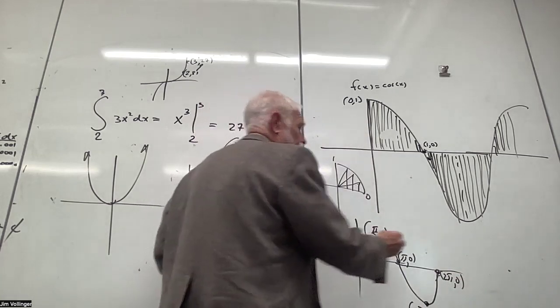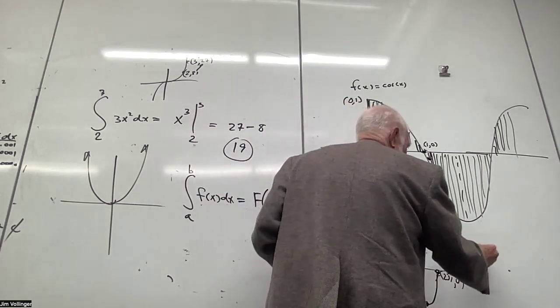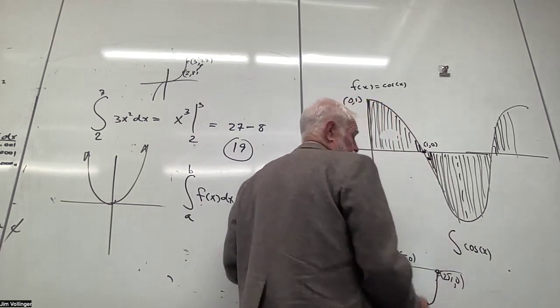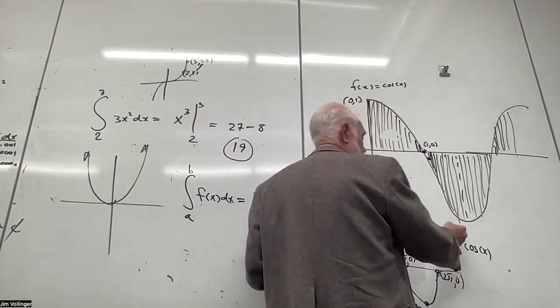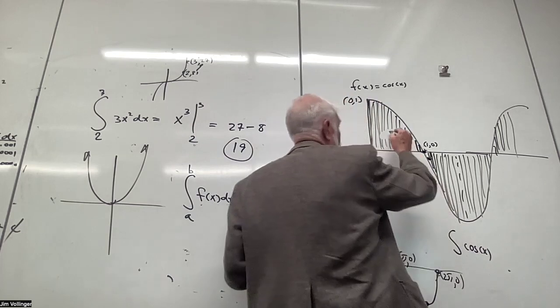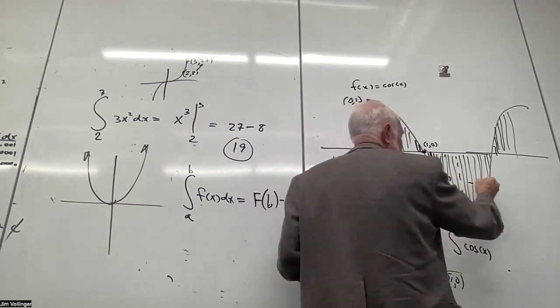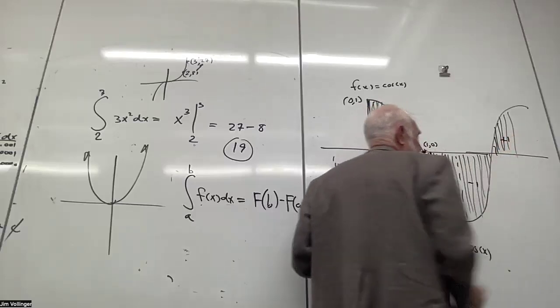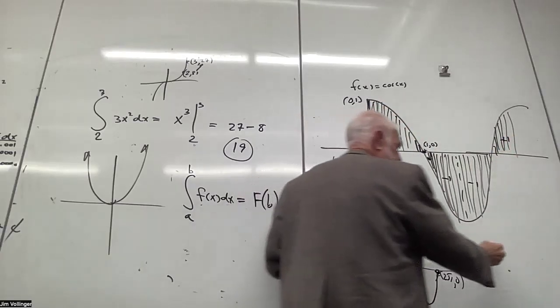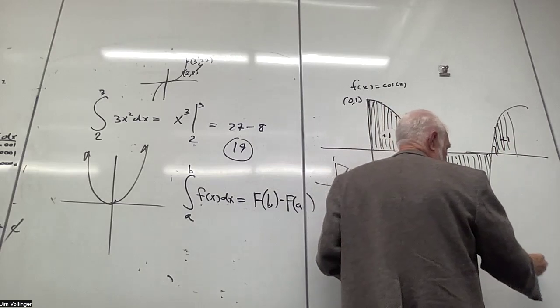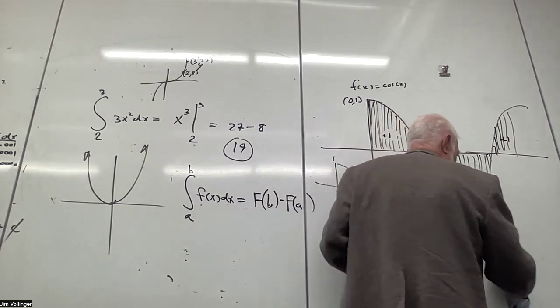So the area accumulation under the cosine curve, starting at 0 and going to 2 pi, this is 1 positive unit, this is -1, this is another -1, this is +1, and I end up back to where I started from. So that's going to get me the sine, oops, I forgot to put the dx.